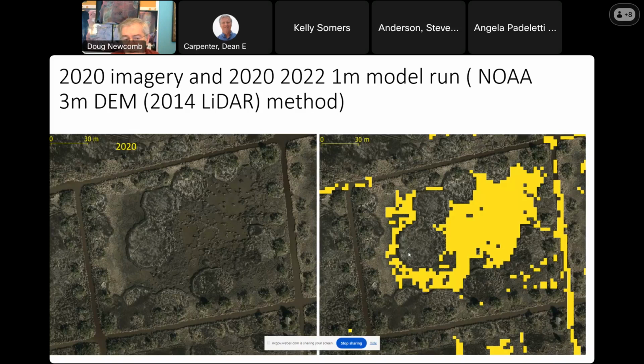They create triangulated surfaces between ground points, and that over open water areas tends to form ridges that are higher than the actual water surface. So the ground surface, in my opinion, is actually misrepresented, or the water surface is misrepresented in these smaller areas, which is why I was inspired to come up with that other method that I referenced earlier.